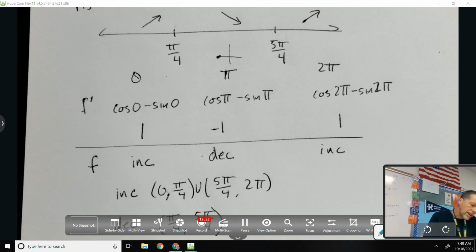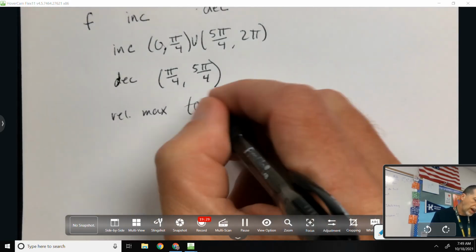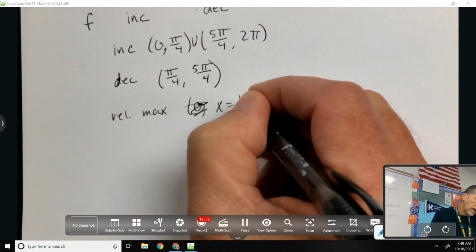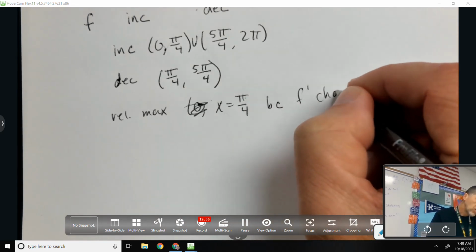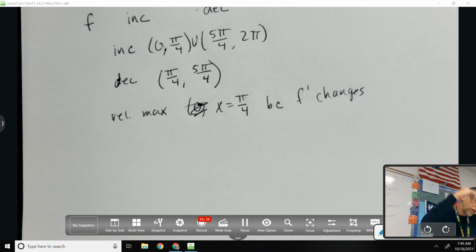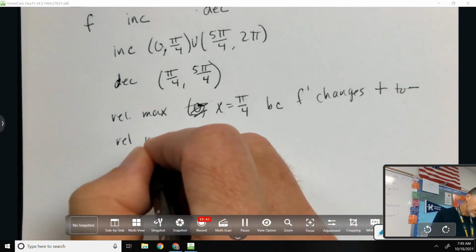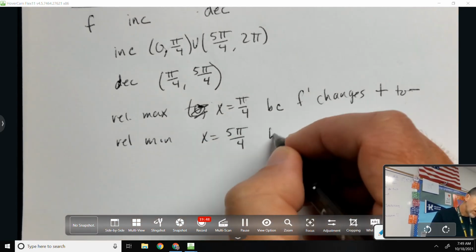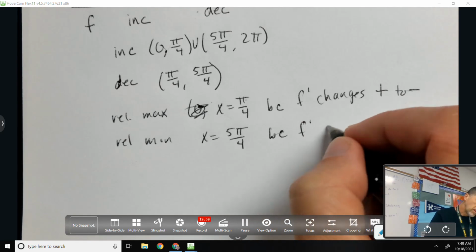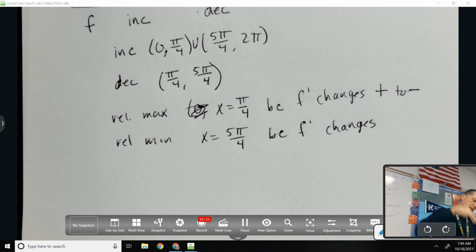So relative max at x equals pi over 4, because f prime changes positive to negative, and a relative min at x equals 5 pi over 4, because f prime changes negative to positive.